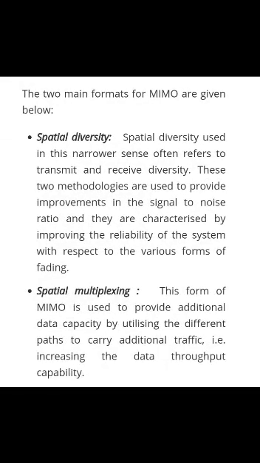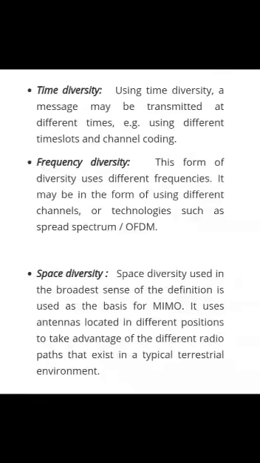The second one is spatial multiplexing. To provide data capacity and increase the throughput, you have to multiplex. I mean use different paths to carry the data so as to avoid traffic congestion in a single path. This is spatial multiplexing. So these two things improve the performance of MIMO.